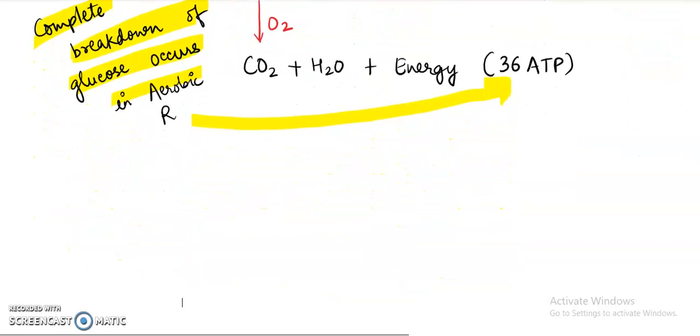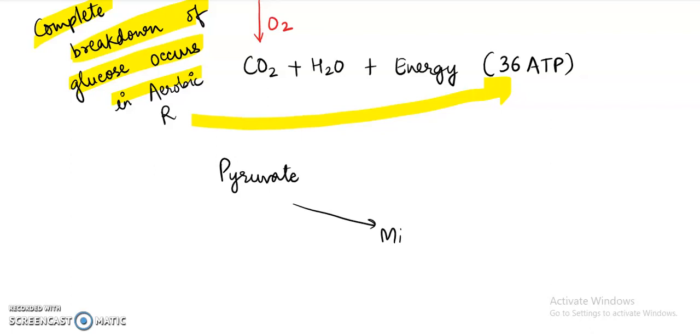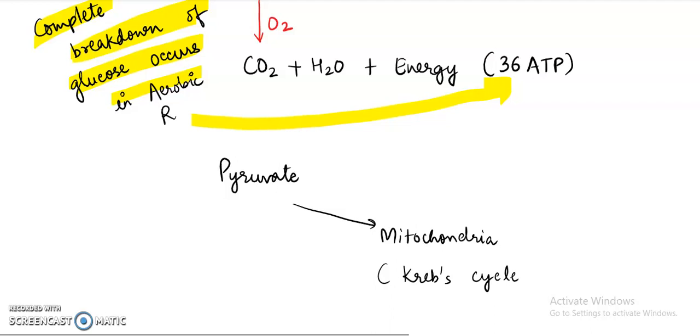Now what happens is, once pyruvate is formed, it goes into the mitochondria, and in the mitochondria there is one cycle that happens which is known as the Krebs cycle. It was discovered by a scientist called Krebs. That is why, to honor him, the cycle was named the Krebs cycle.